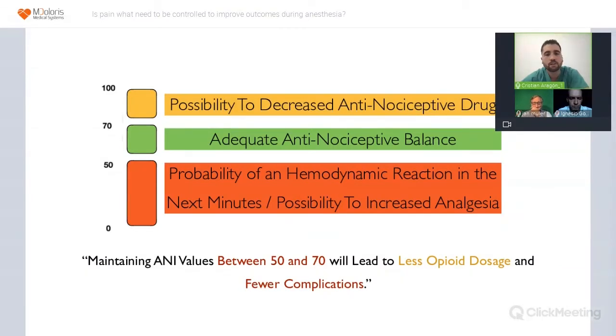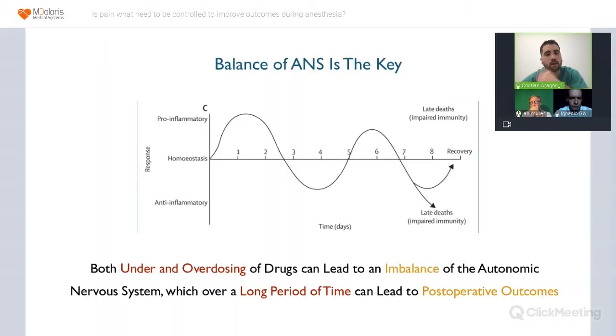So the point here is that we have to try to maintain the ANI values in an adequate balance during the intraoperative period, and both overdosing or underdosing of drugs can lead to an imbalance of the autonomic nervous system, which over a long period of time can lead to postoperative outcomes.